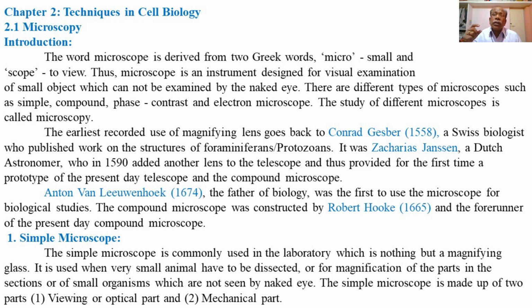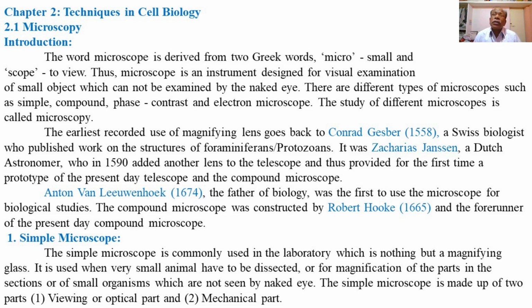So it was Zacharias Janssen, Dutch astronomer, in 1590 who first used the lens in the telescope and prepared a prototype of the present day telescope and the compound microscope.